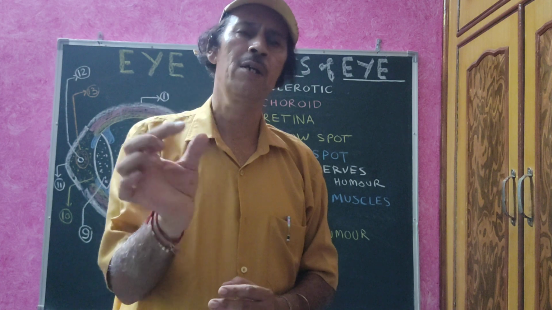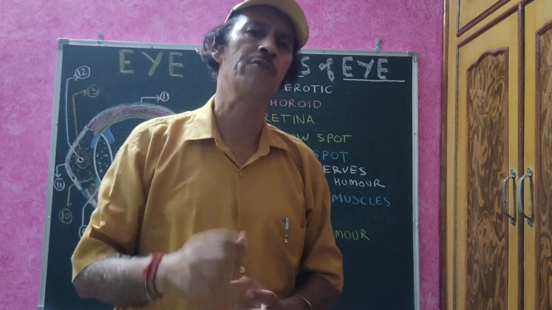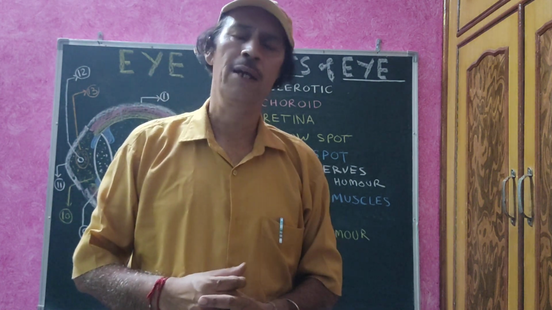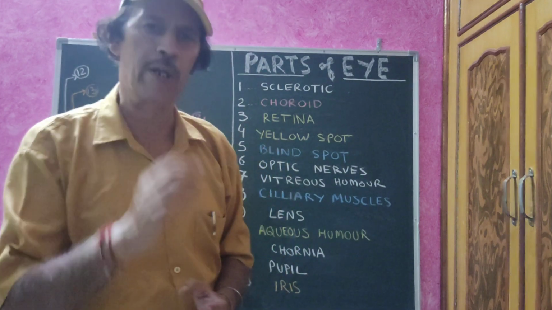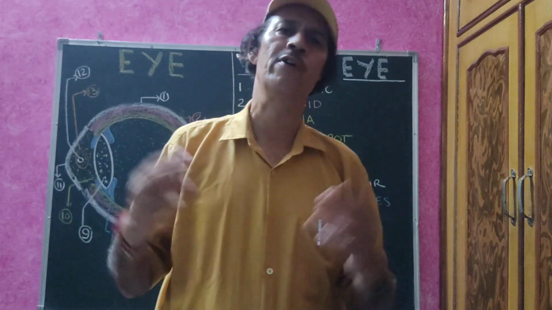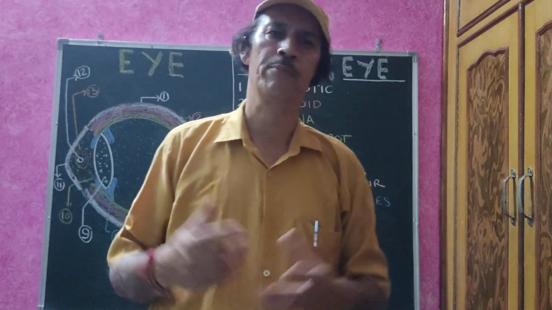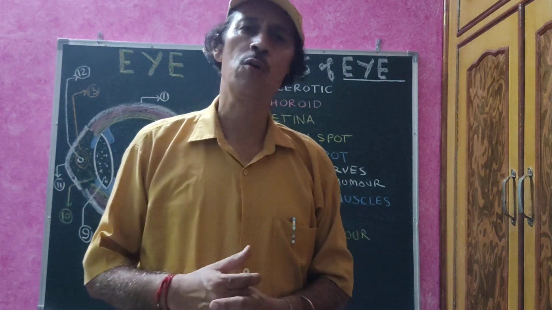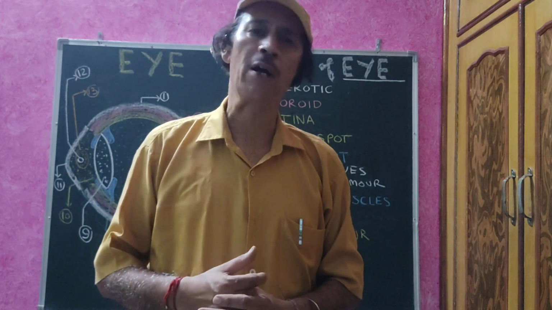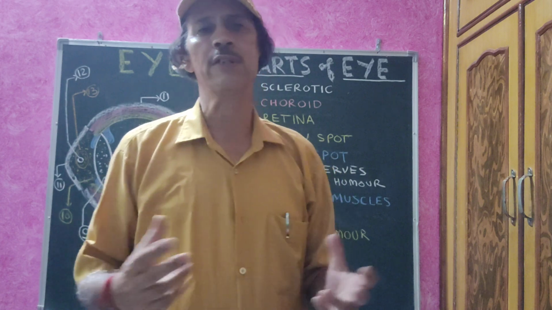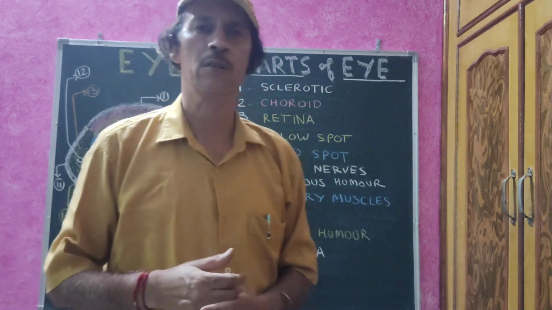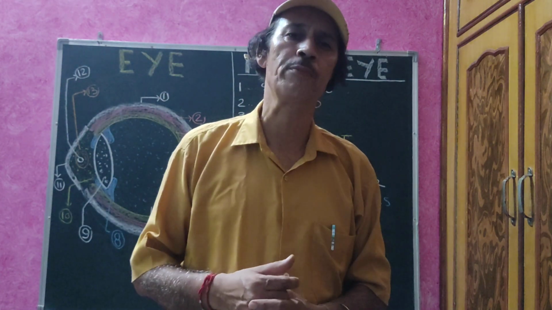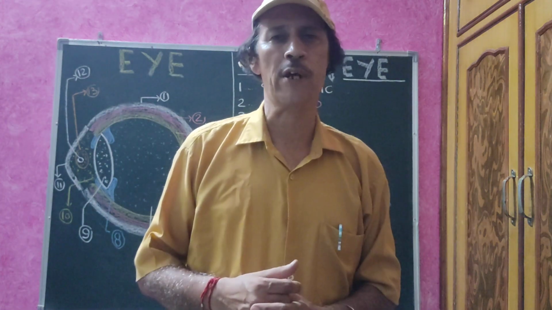The human eye is about this size, and some other animals may have a smaller eye. Birds have small eyes, and elephants have somewhat larger eyes. So what are the parts of this eye, and how do its various structural parts perform their function? Let us try to understand.